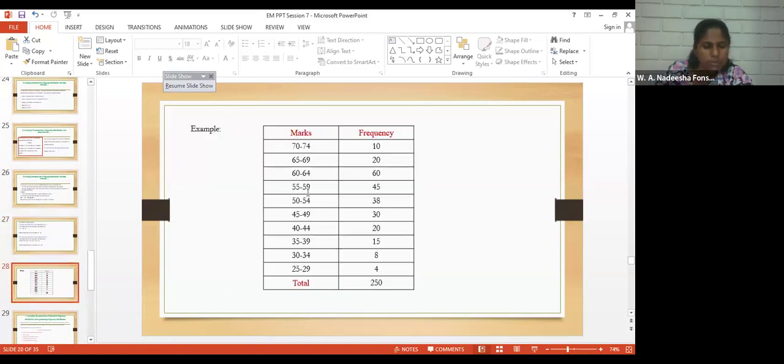Then this is the example for a frequency distribution table with class intervals.